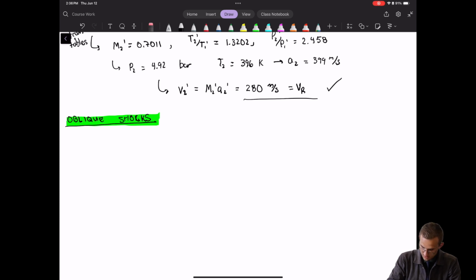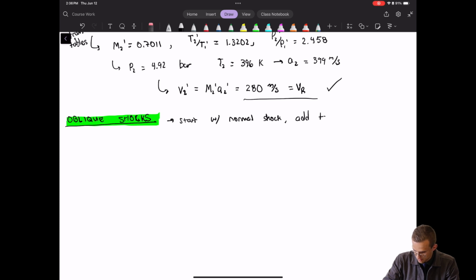So start with a normal shock, add tangential velocity that is parallel to the shock.